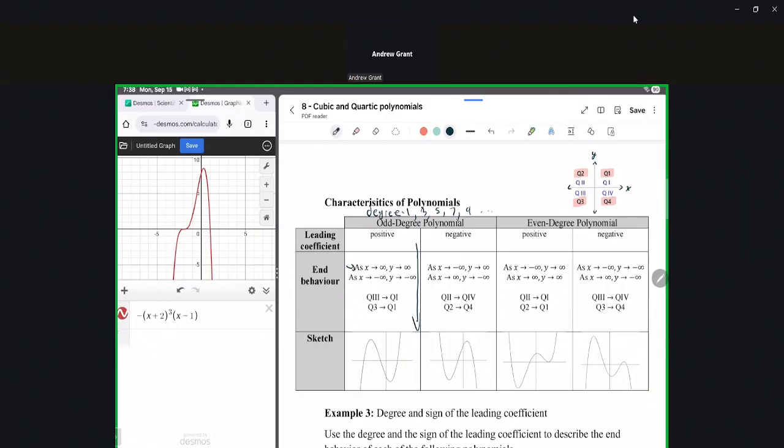And all that's describing is where does the function start? Where does the function end? So here, if I were to say, as x approaches positive infinity, y approaches positive infinity, that's describing this part here, which I highlighted in red, the end of the graph.